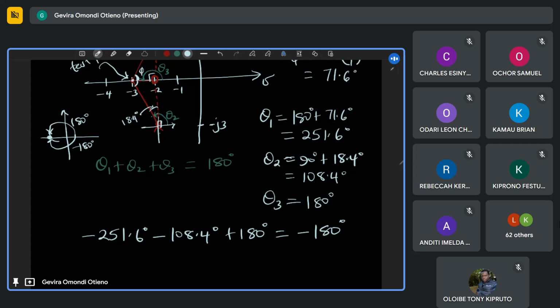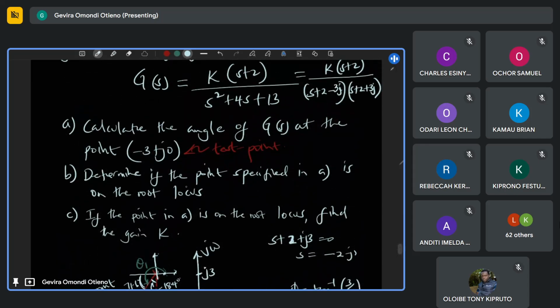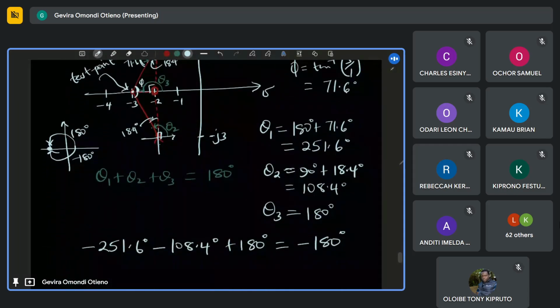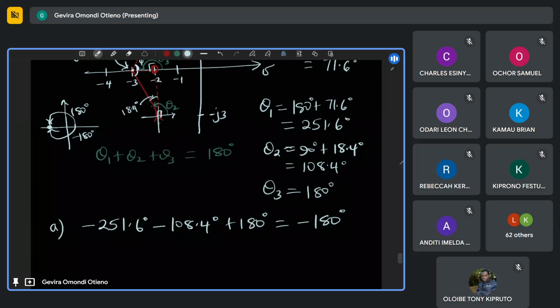Part B was saying determine if the point specified in A is on the root locus. So this was the solution to part A, the angle they asked us to calculate.